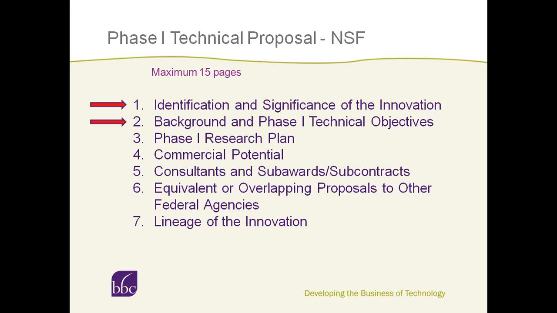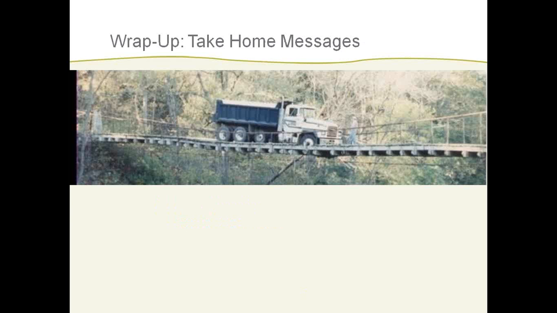So the background, where does this technology come from? How was it developed? And then leading naturally, what has it produced in terms of preliminary data? And then finishing up with, okay, here is our definition of feasibility, and here are our technical objectives that we're going to achieve in phase 1. So that is a nice flow to that story for section 2 of this NSF proposal.